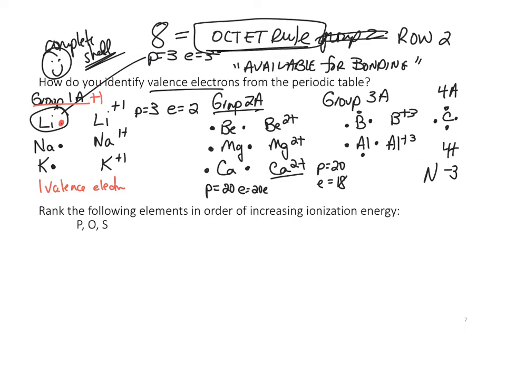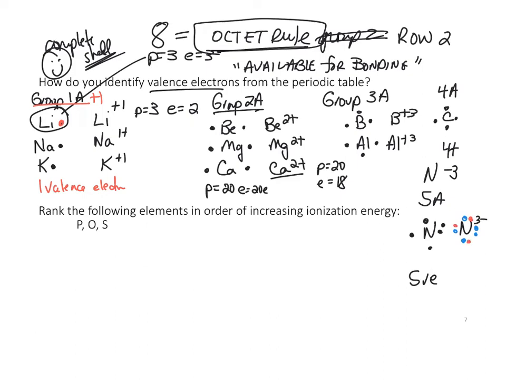So nitrogen is in group what? 5A. So nitrogen has 5 valence electrons. Now, I told you that nitrogen likes to form a 3-. So it has its 5, and when it's bonding, it will take another 3. 1, 2, 3.